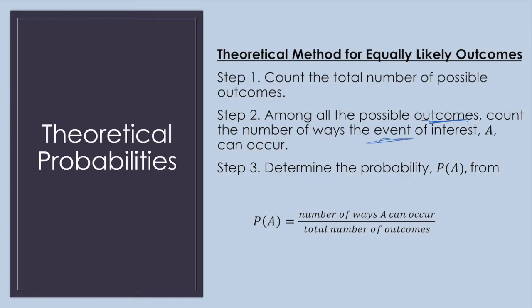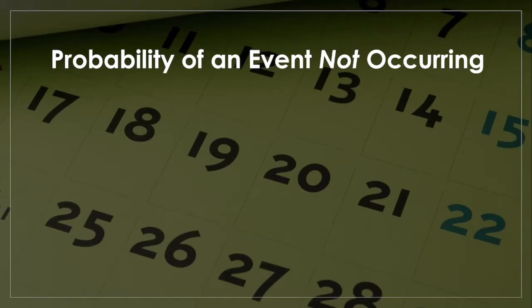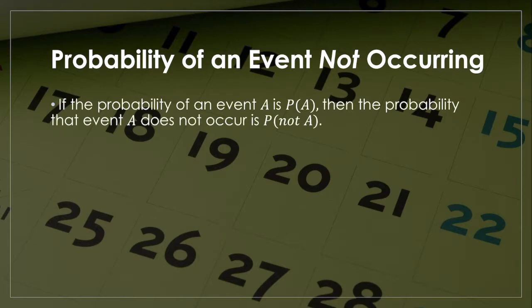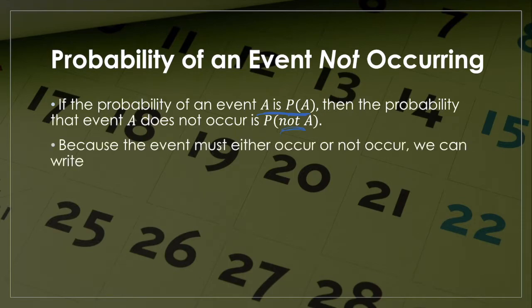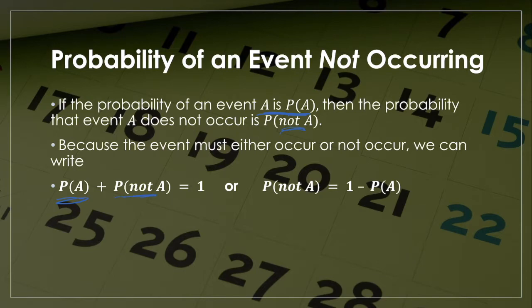So let's look at an example, and let's go back to flipping a coin after we talk about the probability of an event not occurring. So if the probability of an event A is P of A, then the probability that the event does not occur is the probability of not A. And because A can occur or it cannot occur, it's kind of black or white in this situation, the probability of A plus the probability of not A is going to equal 1.